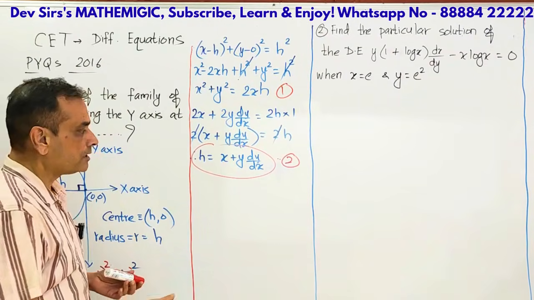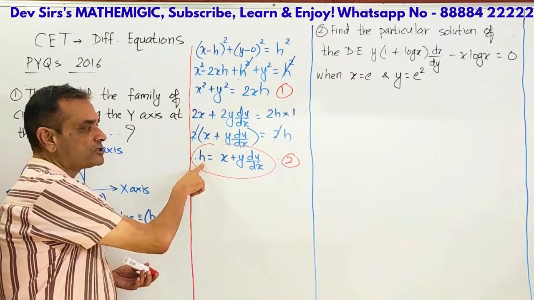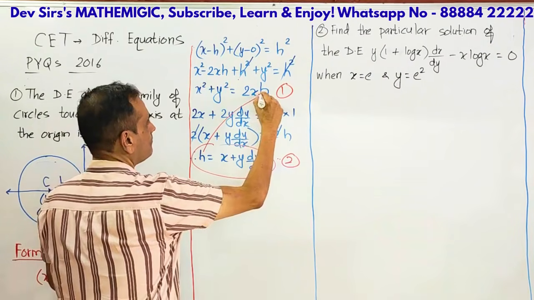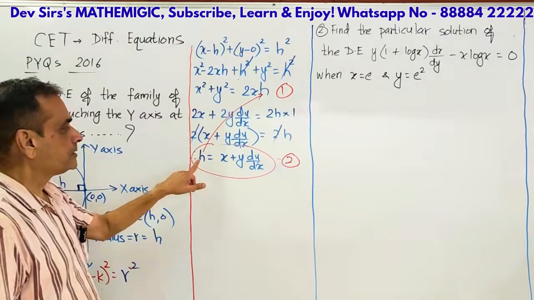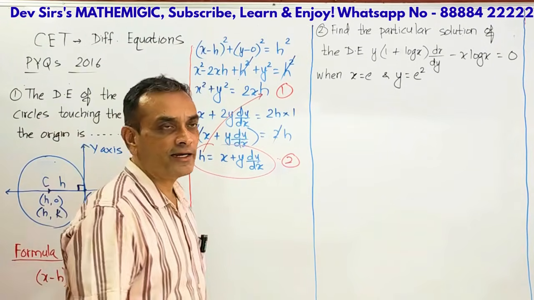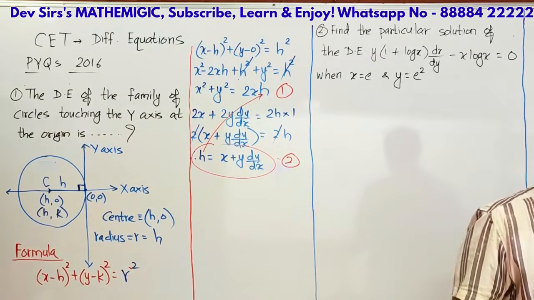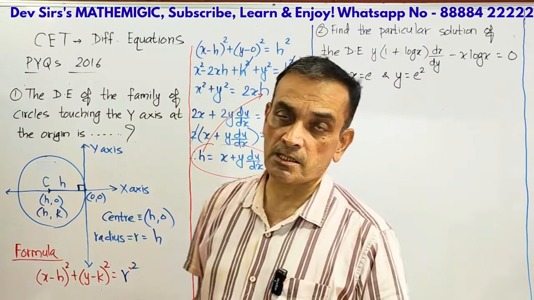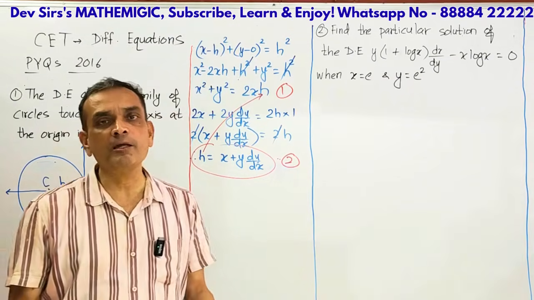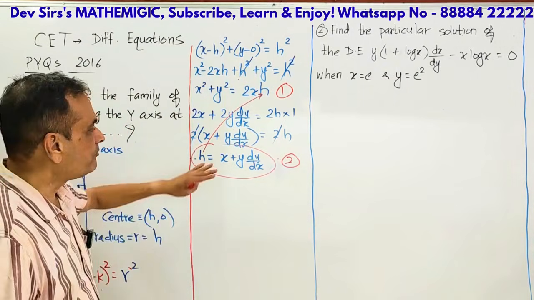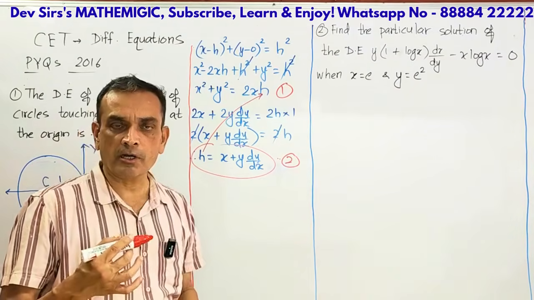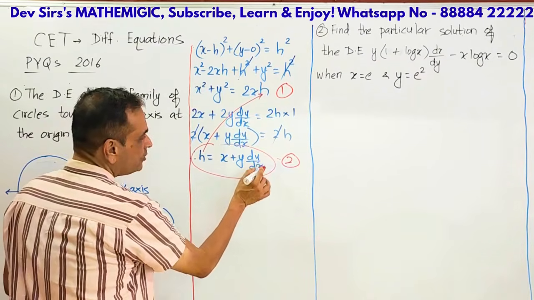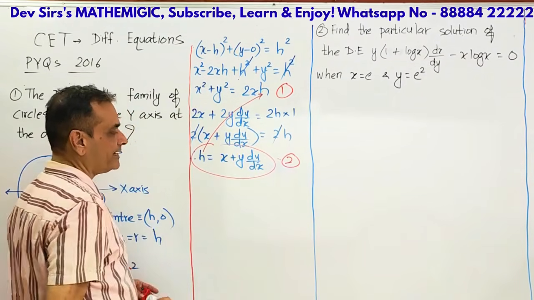In the final differential equation you require dy by dx, but you do not require any arbitrary constants. So how do we eliminate? Substitute from one equation into another equation and make h disappear. So from equation 2 I am going to substitute in equation 1.